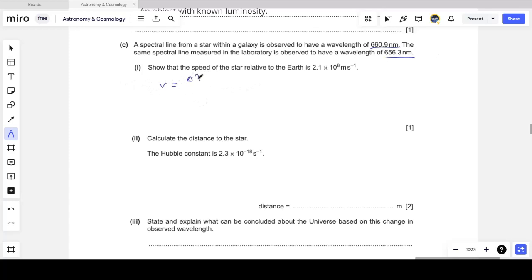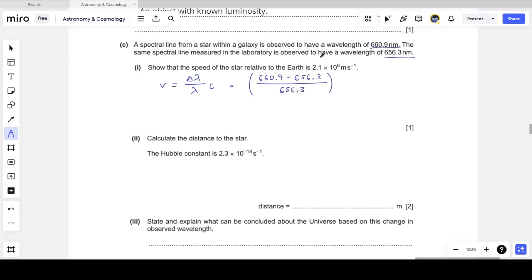So the thing I want to calculate, v, is delta lambda over lambda times c. That's the difference in wavelengths, 660.9 minus 656.3, divided by the actual wavelength emitted, 656.3.